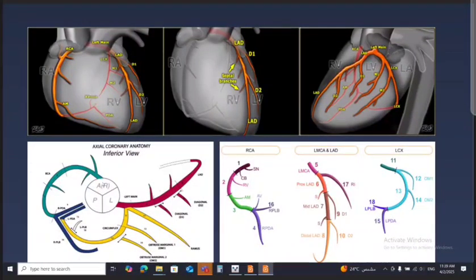The coronary arteries are divided into segments. The proximal segment of the right coronary artery is segment number 1. Its middle segment is segment number 2, and its inferior or distal segment is segment number 3. And finally, the posterior descending artery is considered as segment number 4.